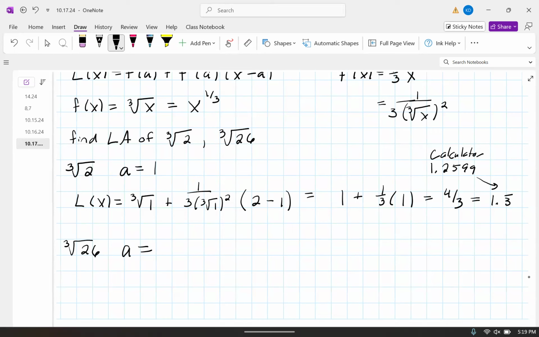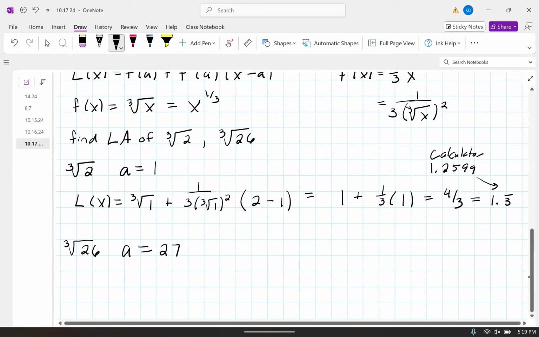So a shouldn't be 3, it should be 27. I see where you're going with that, but our a needs to be near 26. Yes. So if we throw 27 in there, 27 has a nice cube root, it's 3. So our a is going to be 27. Fill it in, do your thing.